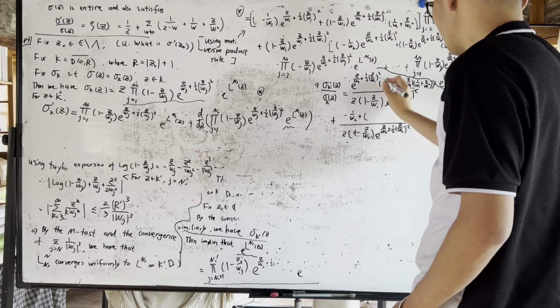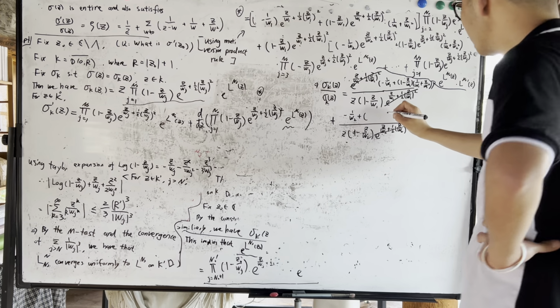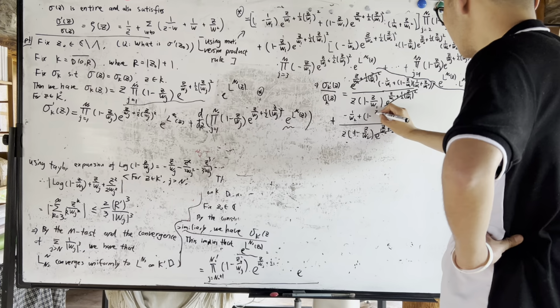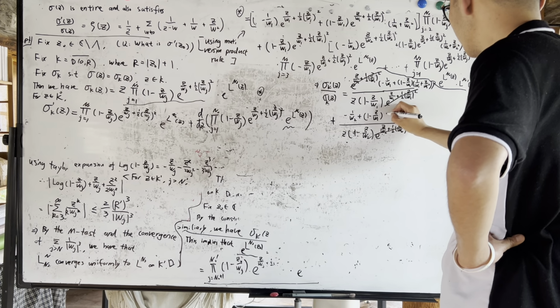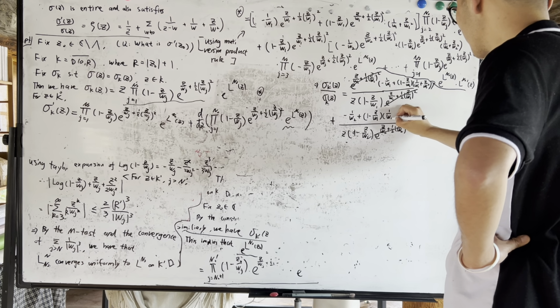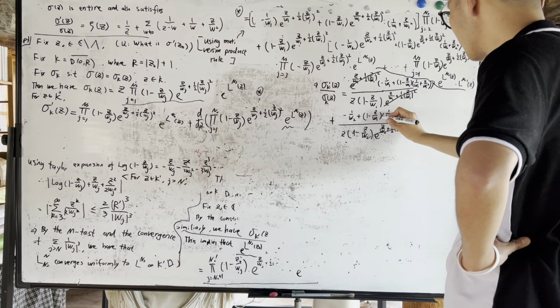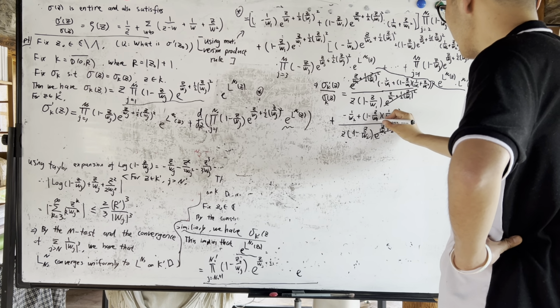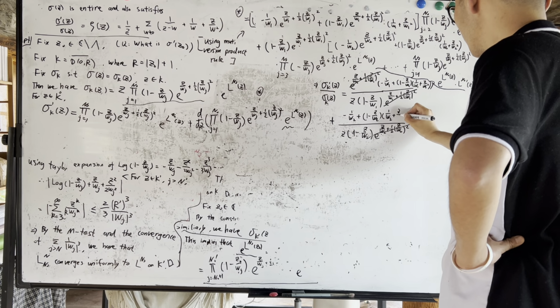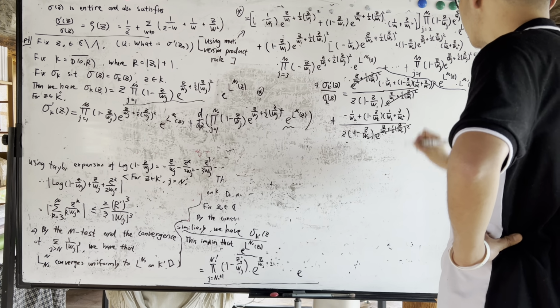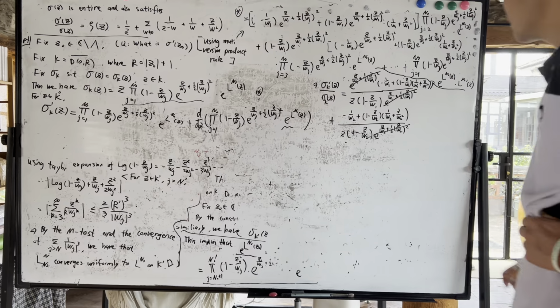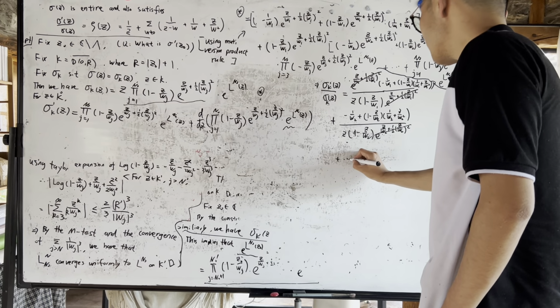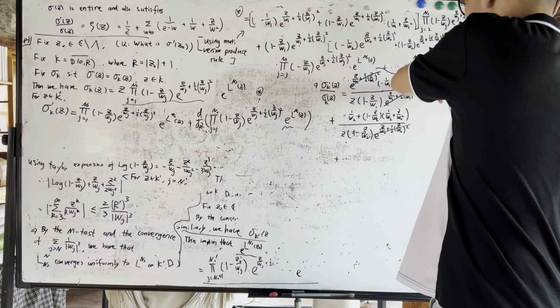Maybe I'll cancel out with this one also. So plus 1 minus z over omega 1 times 1 over omega 1 plus, it should be omega 2, z over omega 2 squared. And then I think the rest is the same until the end, right?